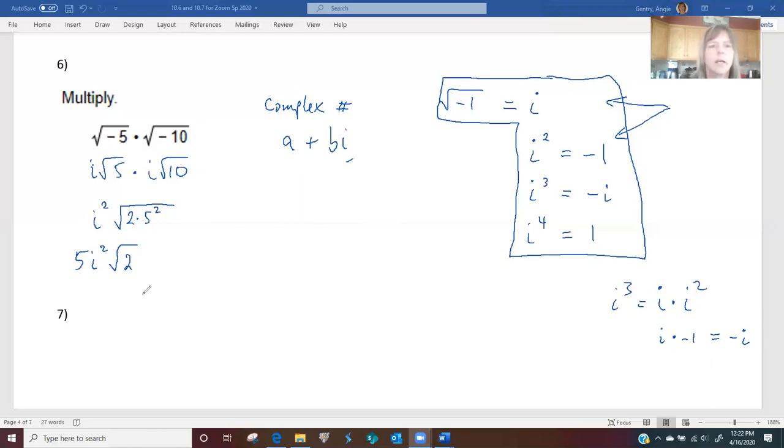So when you see an i squared, you need to replace it with a negative 1, okay? Not a square root, but a negative 1. So this is then 5 times i squared is a negative 1, and 5 times negative 1 is a negative 5. This just takes a little bit of practice. But just memorize these couple of things and you can work this stuff.